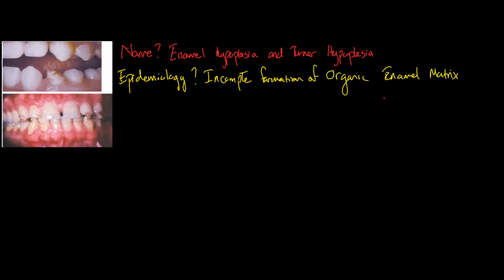Basically, it is the incomplete formation of organic enamel matrix. So it has to do with missing enamel. So basically, we have what is called Turner's tooth.